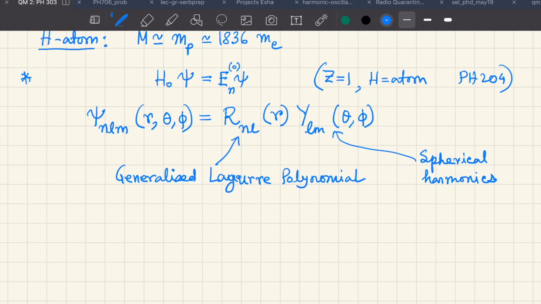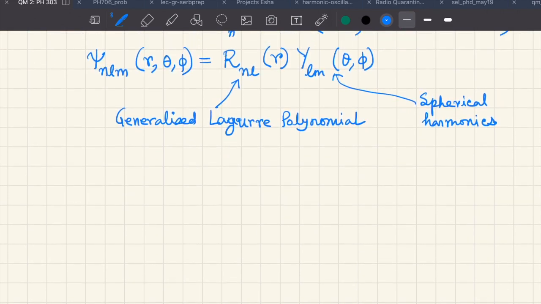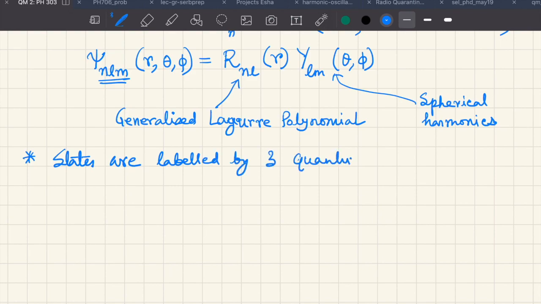Now, as you already know, the states are labeled by 3 quantum numbers, which are the principal quantum number, the orbital angular momentum quantum number, and the azimuthal quantum number.